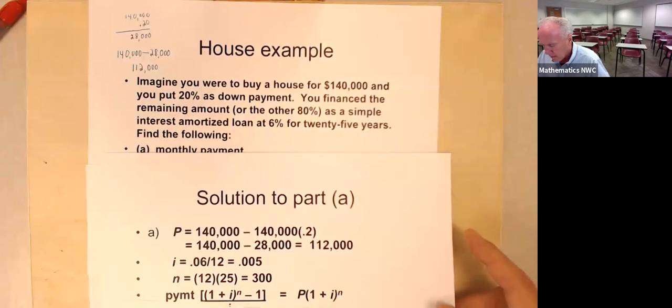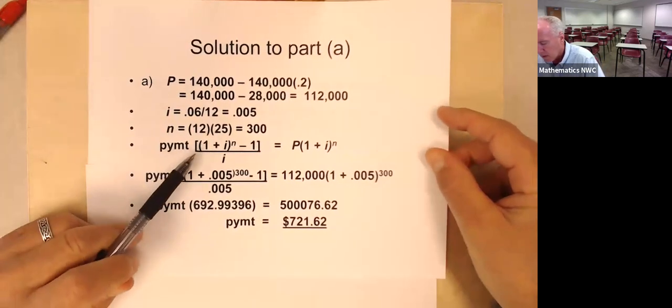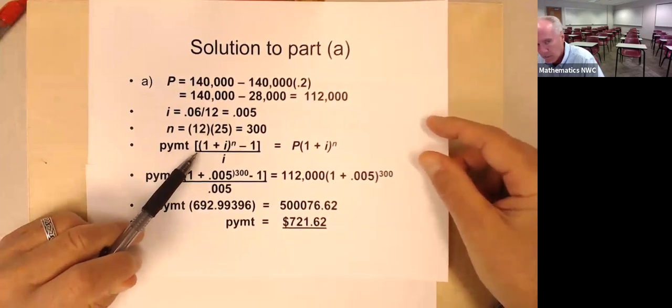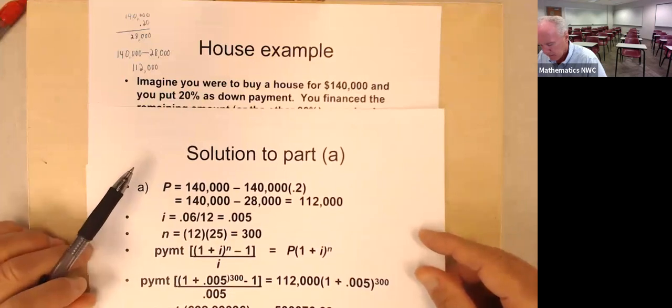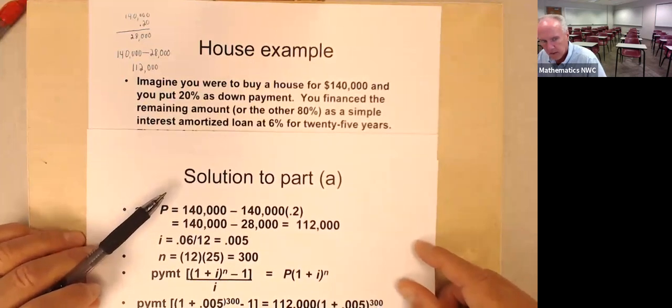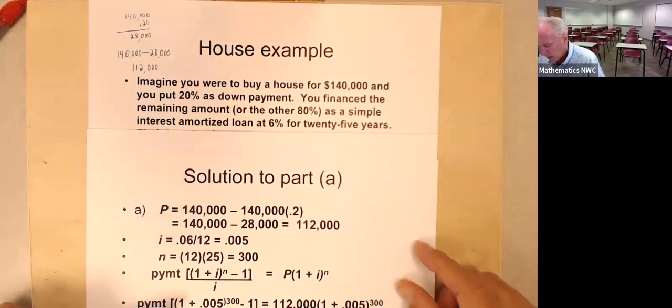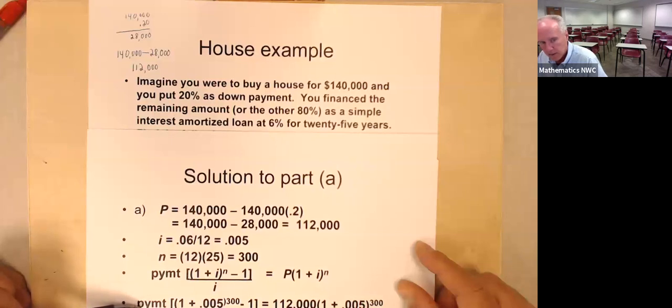So here we go now with this formula. Here's the formula that we would have had. I'm going to slide this down a little bit. So I'm going to look for the monthly house payment.